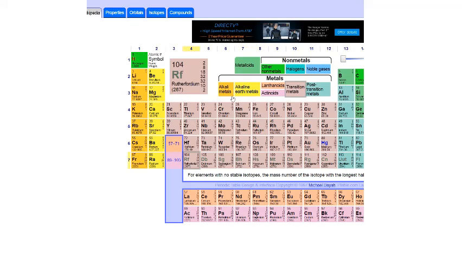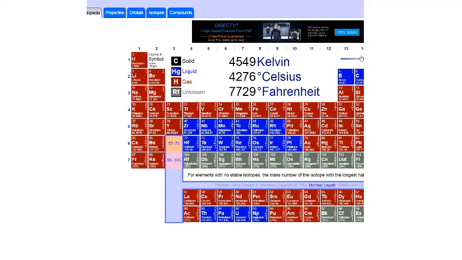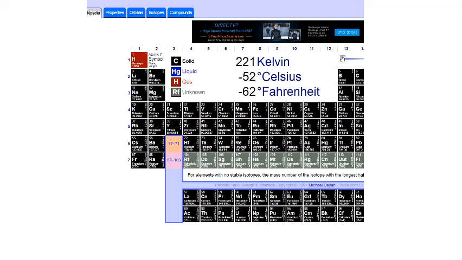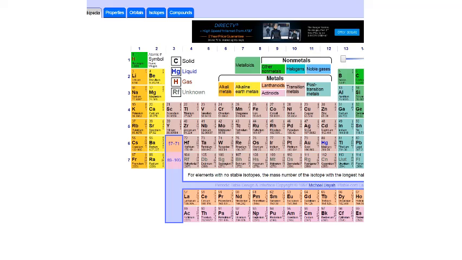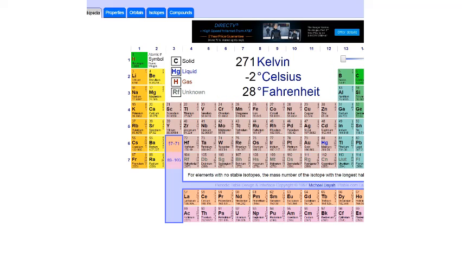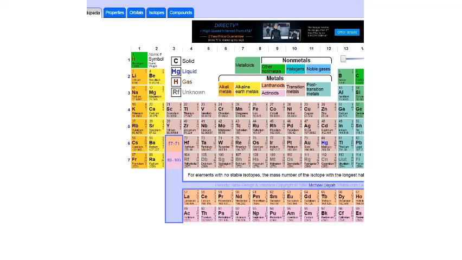And I didn't do a good job: there's actually a slider bar which allows you to change the temperatures. So you want to make sure that your temperature is at 273 Kelvin, because that's STP. And you're just going to look for the elements that are liquids at that standard temperature and pressure.